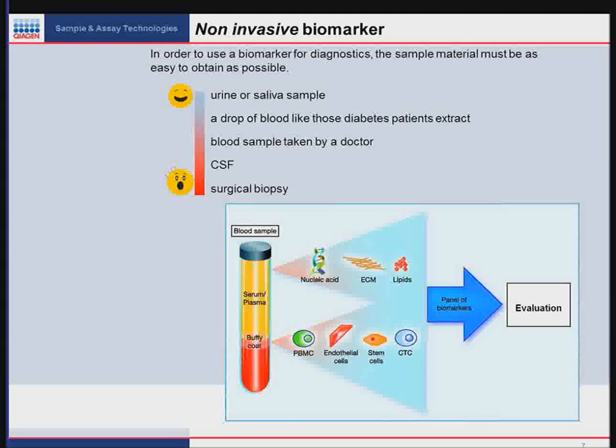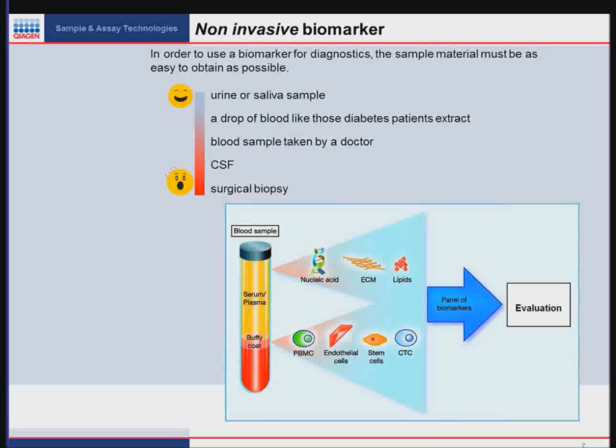Blood samples are generally the gold standard. They're routinely taken from people by technicians. And then we get down to cerebrospinal fluid and even more invasive surgical biopsies. So all of these materials can be used to develop biomarkers, but the non-invasive ones are clearly desirable if we can move that direction.